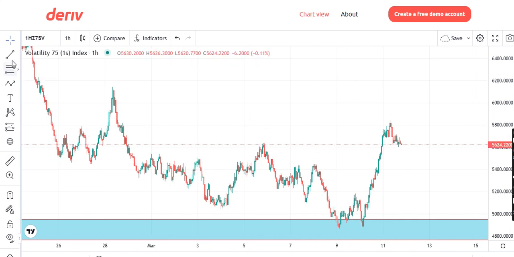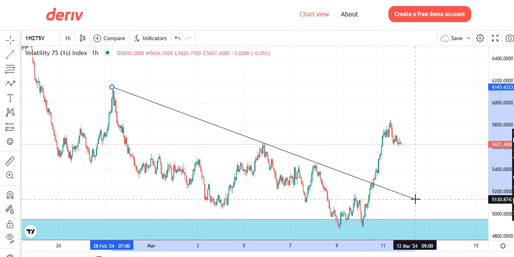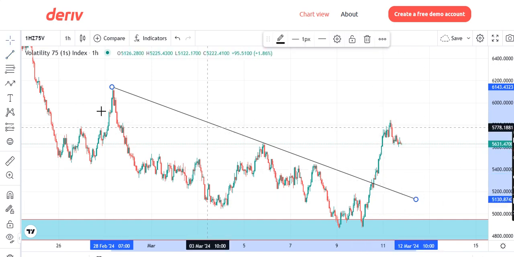So what's going to happen is that I'm just going to draw this nice trend line going to the downside right here. You can actually see also by just using this trend line, we actually broke out of this trend line right here. So we need a retest, right?